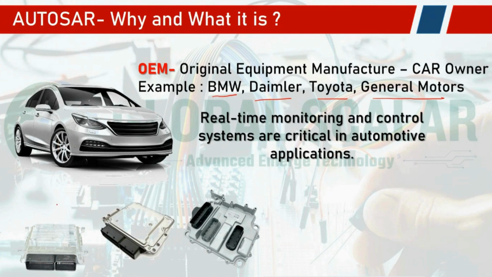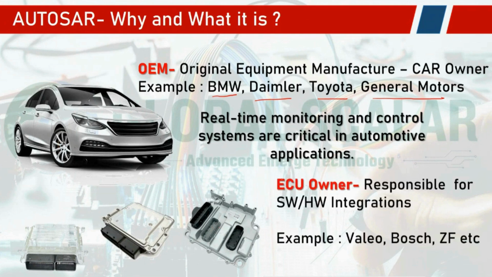For the hardware, we have the software configuration. That software and hardware will be supplied by specific ECU owners, who are responsible for the hardware and software integration. They give the software and hardware specific to the ECUs.